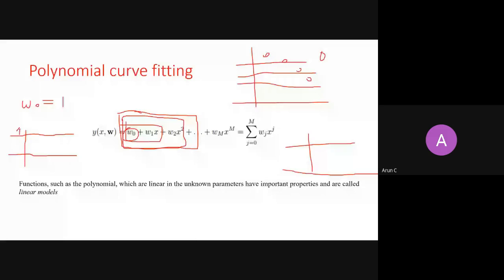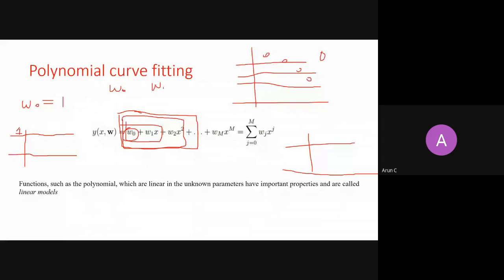Now somebody says, no, I don't think so, this restricts the hypothesis very much. It has a lot of constraint. I want to increase the model capacity. And rather than saying only horizontal line, I can say any line. So now if I say any line, I have two parameters, W0 and W1, right?